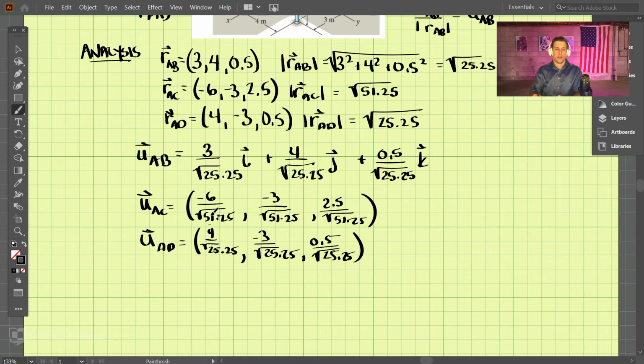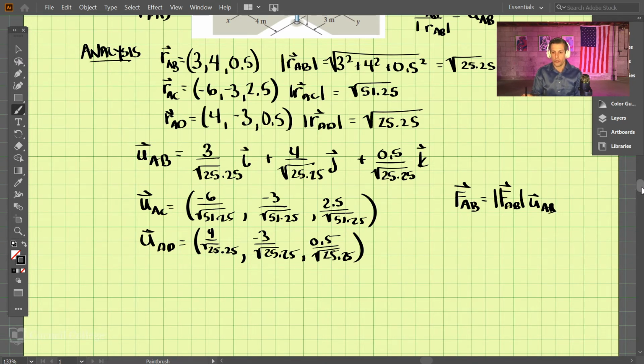Okay. So now we have all these unit vectors written out, and the force vector AB is equal to the magnitude of AB times the unit vector AB.